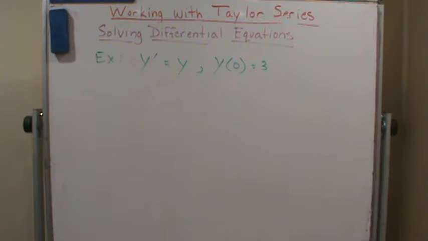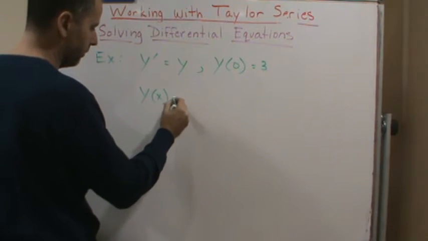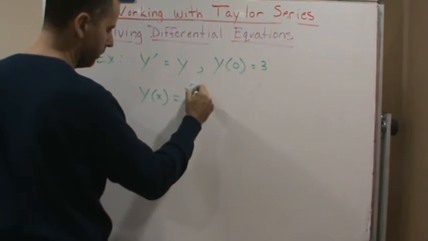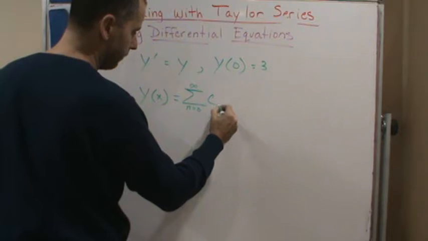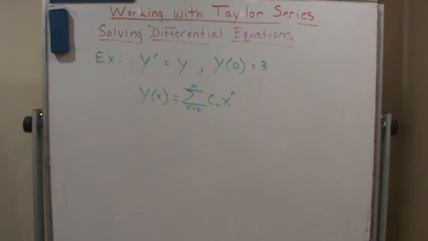Now the idea is we're going to suppose that there exists a power series solution like this, and again it's going to have the form of c sub n x to the nth power.